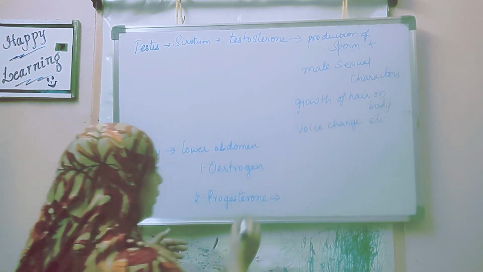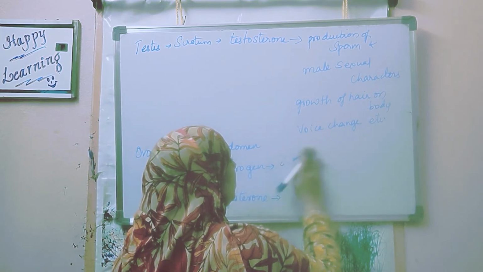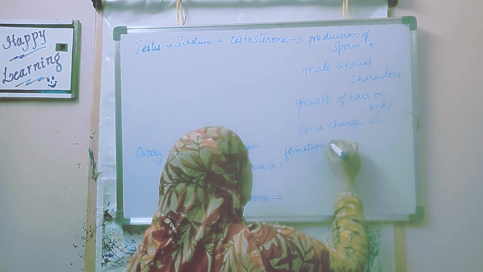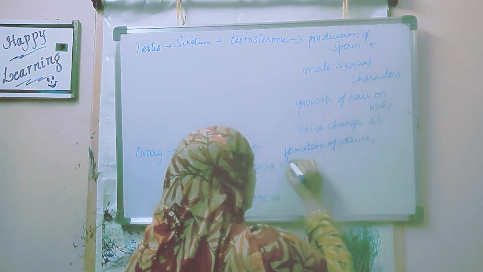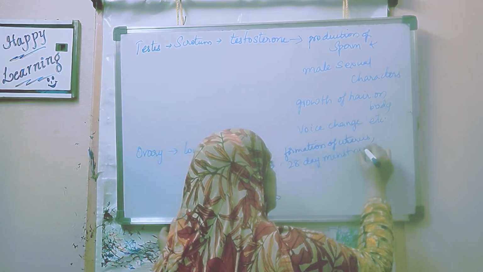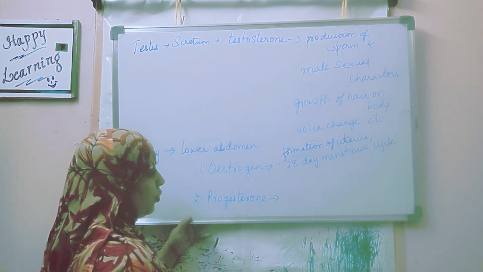The function of estrogen is development and formation of uterus. Uterus is formed because of this 28-day menstrual cycle. We discussed already about these things in our reproductive system. This is also operated by estrogen.